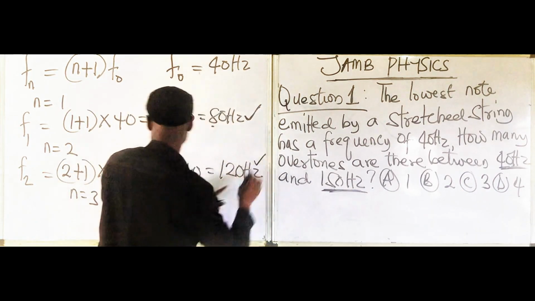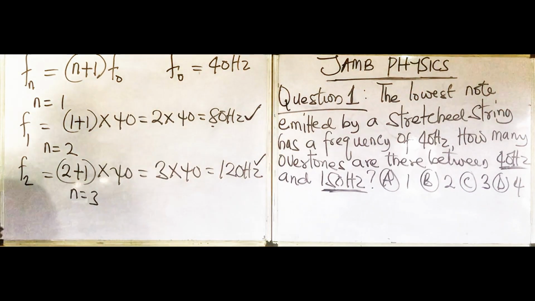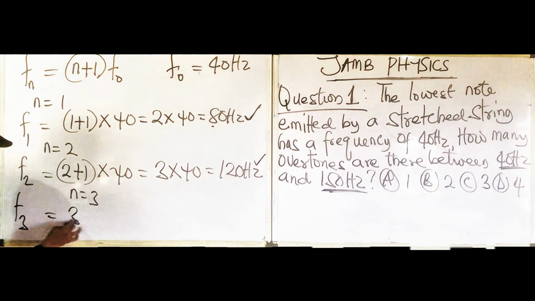That means it's included. Let's see this one here. n equal to 3. That means F3 will be equal to 3 plus 1 times 40. 3 plus 1 is always 4, that is 4 times 40. What's my answer? 160 Hz. Class, 160 Hz is above this guy here. That means it's not included.